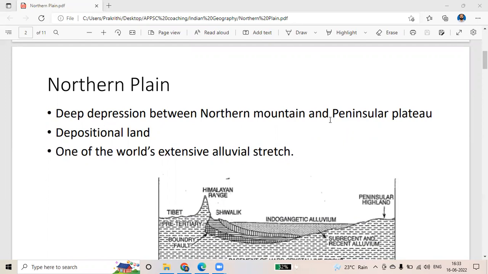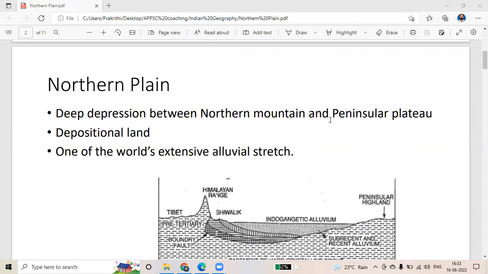Because of this deposition, the land looks flat, and such an extensive area we can call a plain. So we have an extensive plain just south of the Himalaya.